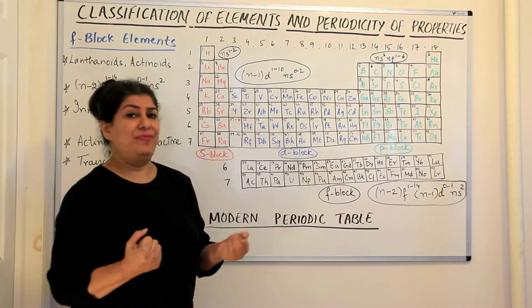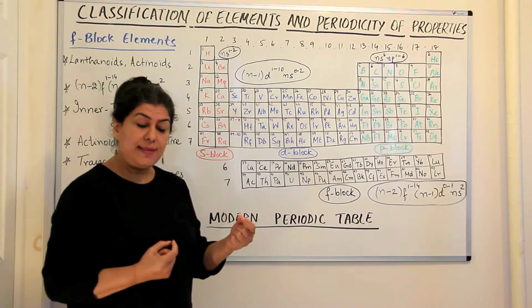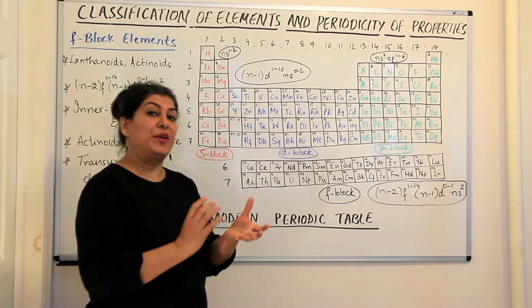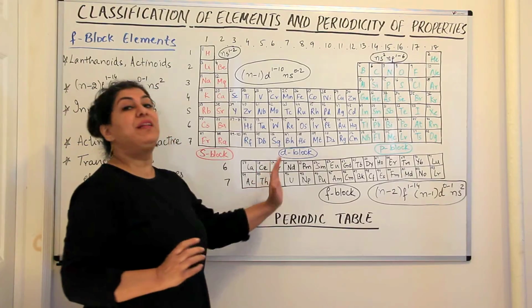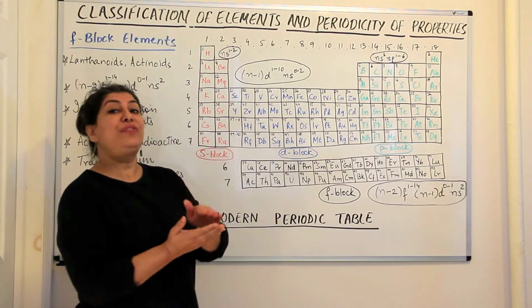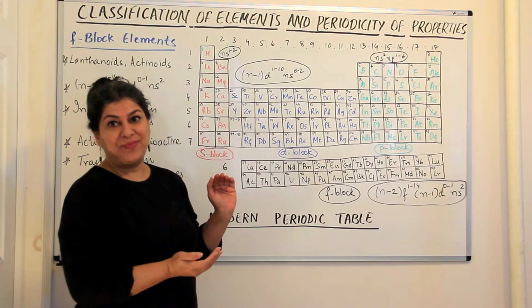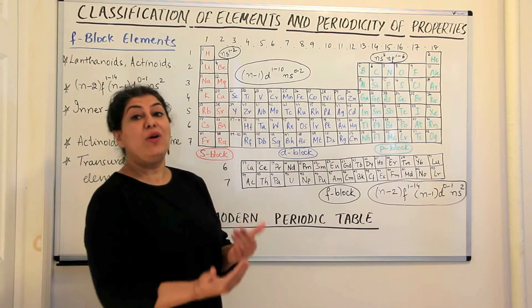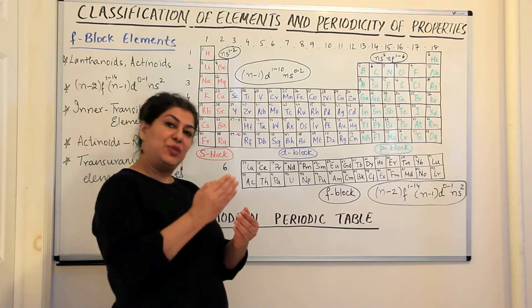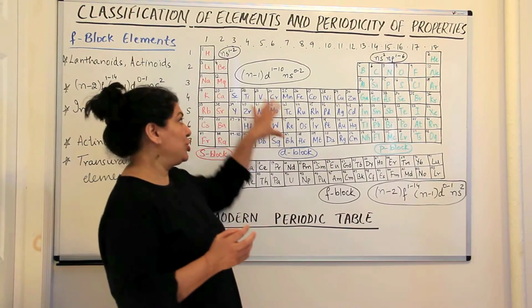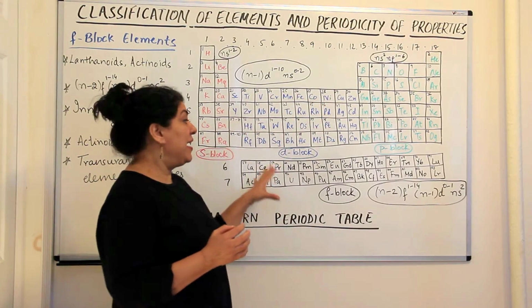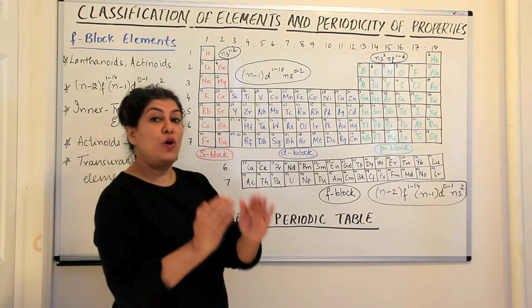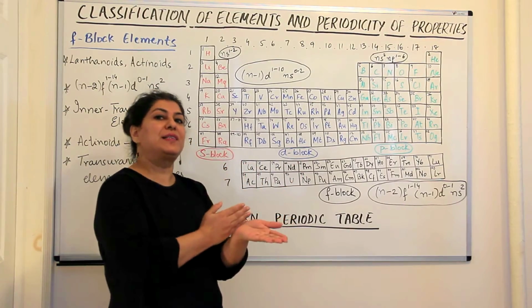Why are they called the F block elements? Because the last electron that is being added is entering the F orbitals of the inner penultimate shell. The last electron in these elements is not adding to the outermost shell, nor to the one shell before the outermost shell like the transition metals. They are adding to the F orbitals of the inner penultimate shell.